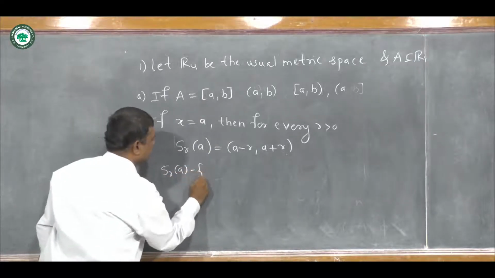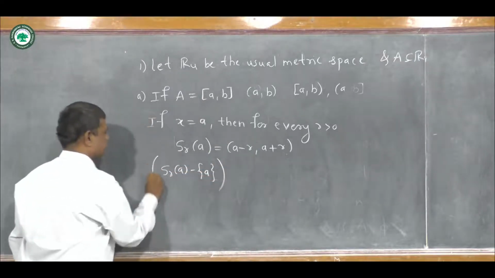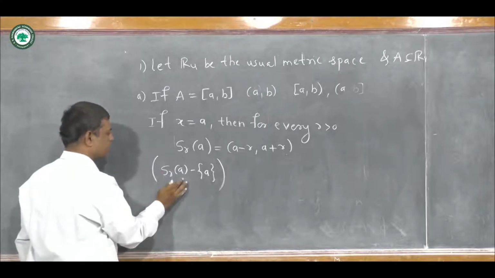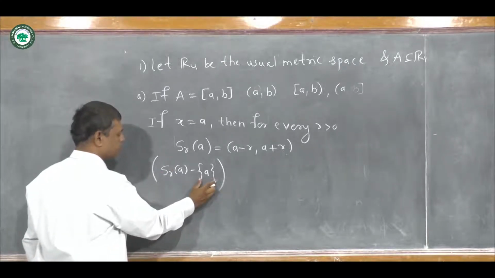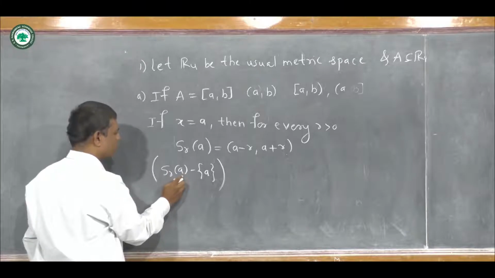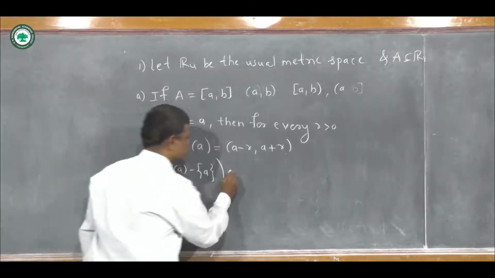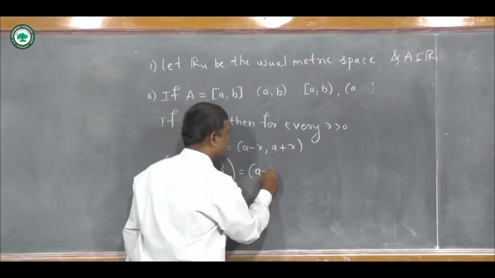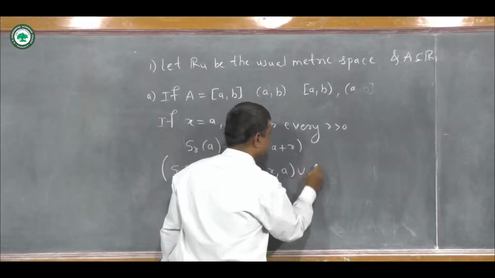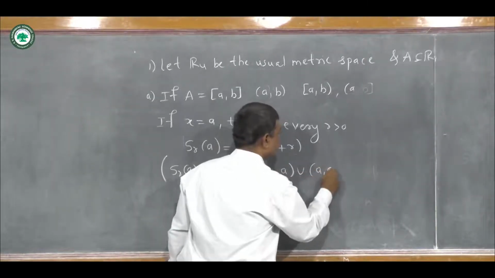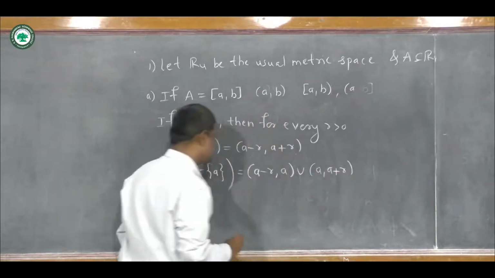Now we are going to consider this set: the open sphere S_r(a) minus the singleton {a}. That is, the center of this sphere is deleted. So we write the open interval a minus r to a, union the open interval a to a plus r.